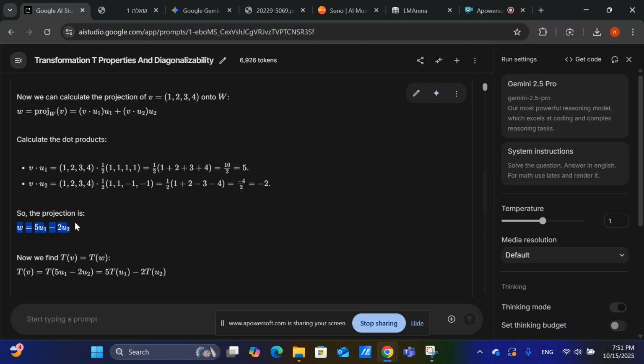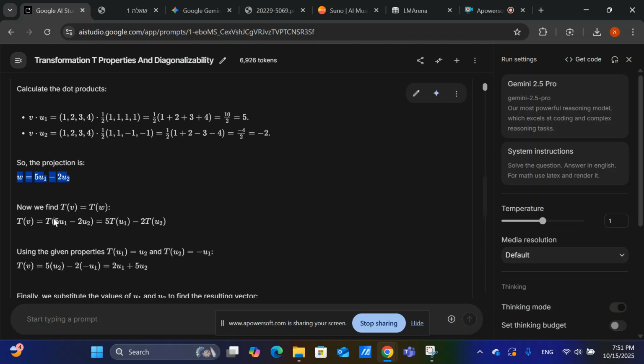Here it is. Now we can apply TV equals TW. W we said is equal to this. Therefore, TV equals T of 5 u1 minus 2 u2. Now use linearity, homogeneity, and additivity, and you can take out the 5 and 2 and split this into two separate values.